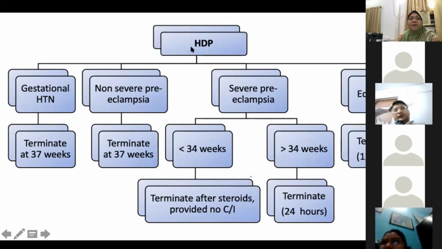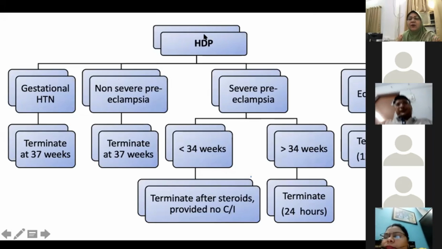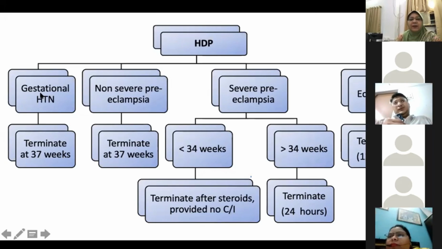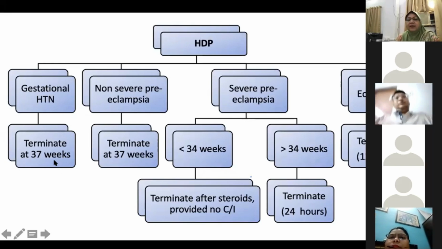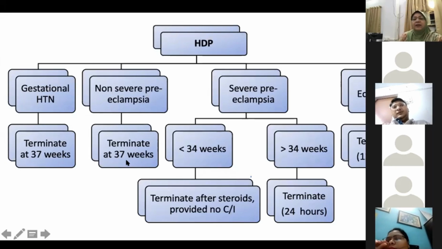Whenever you have a patient with hypertensive disorder in pregnancy, you classify them into gestational hypertension, non-severe preeclampsia, severe preeclampsia, and eclampsia. If she has gestational hypertension, terminate at 37, but you have to increase the frequency of monitoring. You terminate non-severe again at 37.